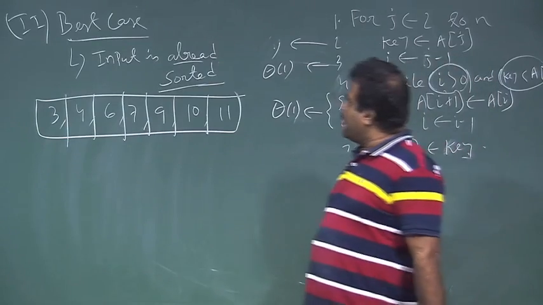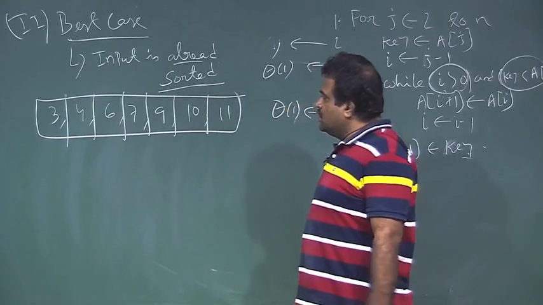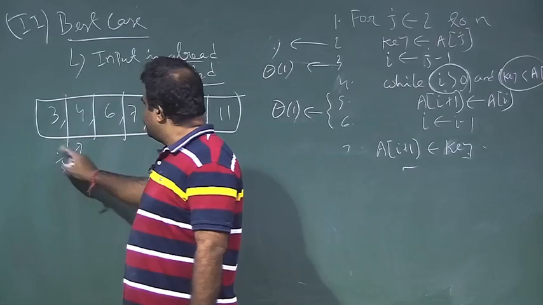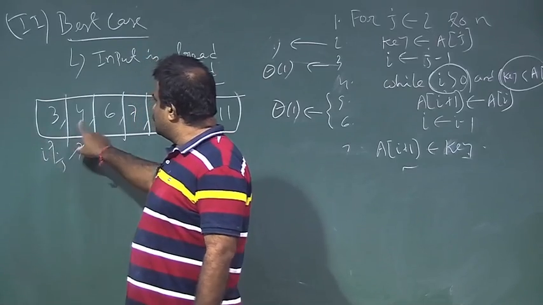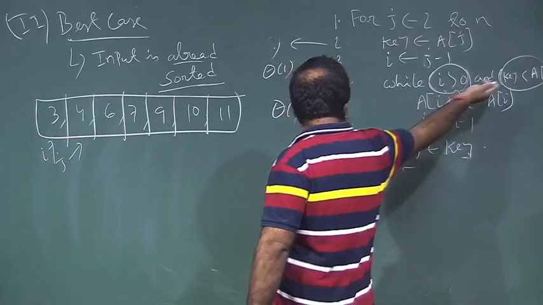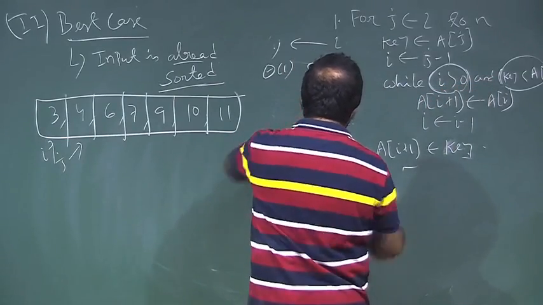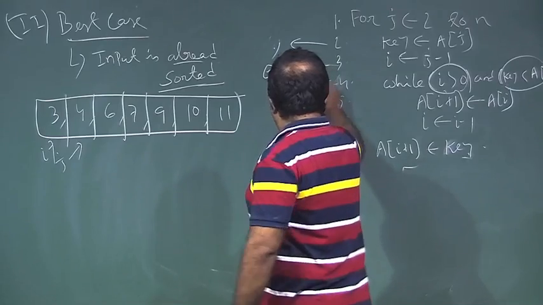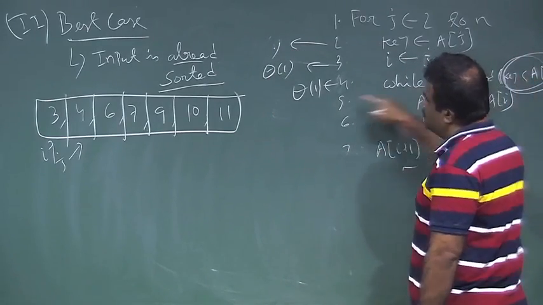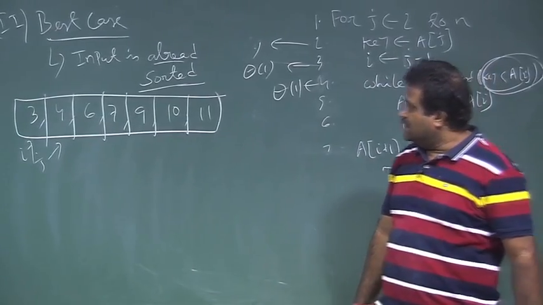Now, if we want to run our insertion sort on this piece of code, we start with j equal to 2, and i is pointing here. We compare, this is greater, so we are not entering into the loop, and it stops here. But we are doing some comparison over here, at least this check, and that is a constant time we spend, theta 1.